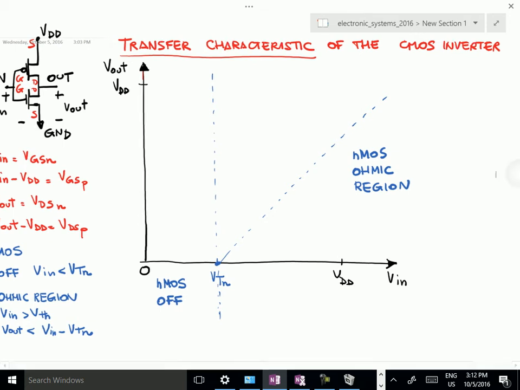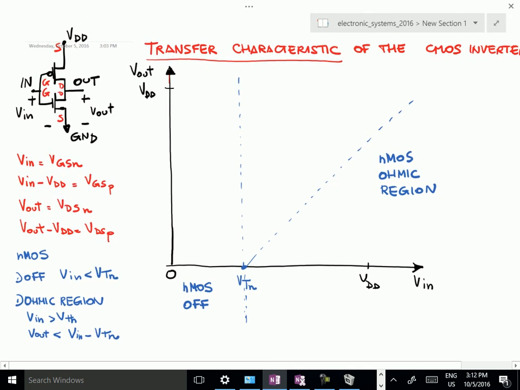Above this line we will have the NMOS in saturation. So 1, 2, 3. Okay, we have completely divided the quadrant into 3 regions.